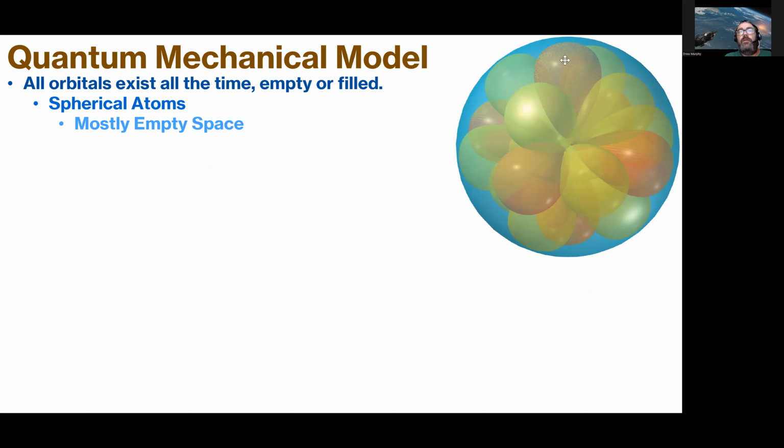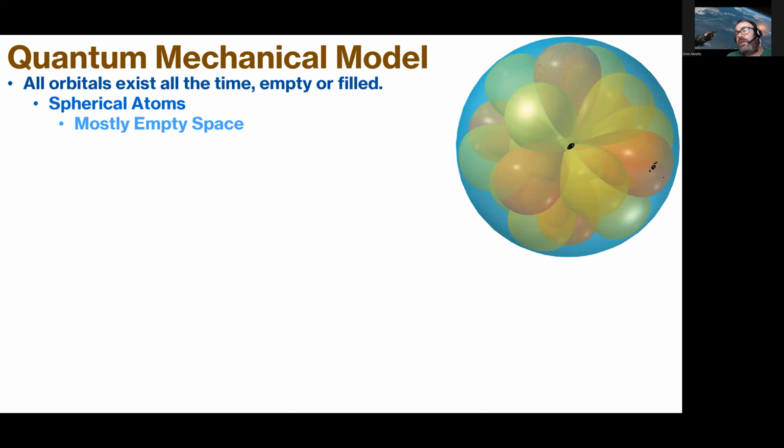We want to remember all of the orbitals exist all the time. Empty or filled, there's orbitals there, okay? And all of the orbitals are centered on the nucleus, so the nucleus is buried down in here, okay? And so if you take the volume of the orbitals and overlap them all at the center, you roughly get this spherical shape. And again, most of that is empty space. So we're just defining the volume where the electrons could be, and there's tiny, tiny electrons in here somewhere, okay?